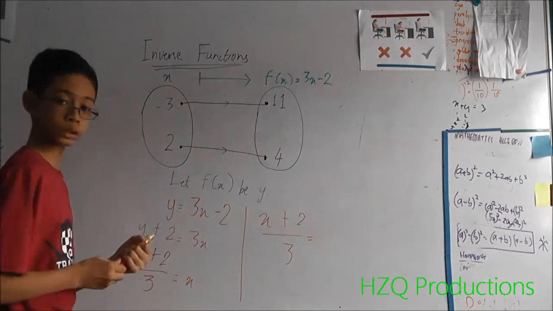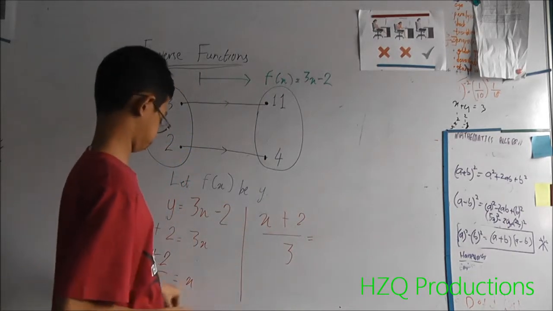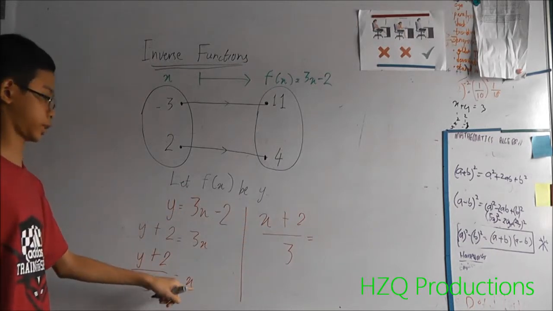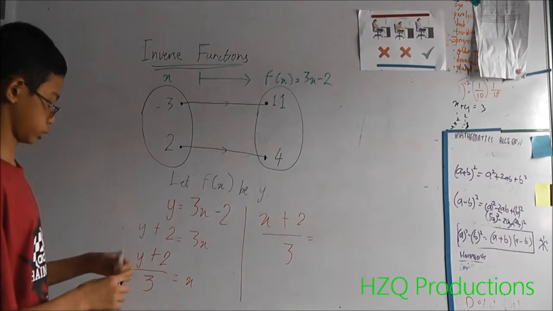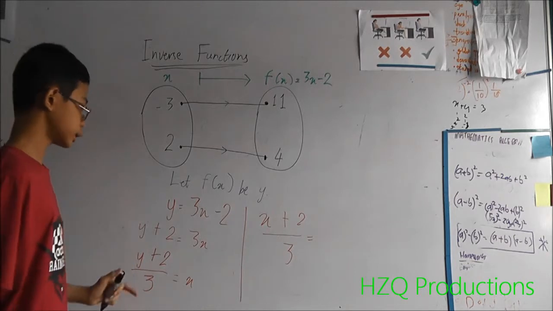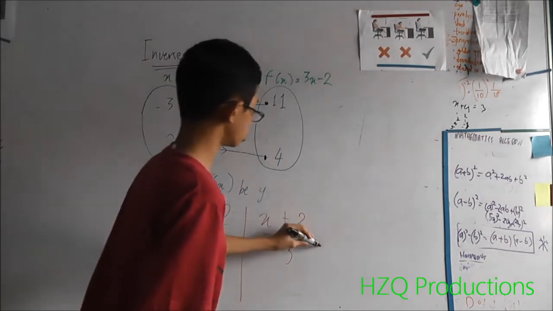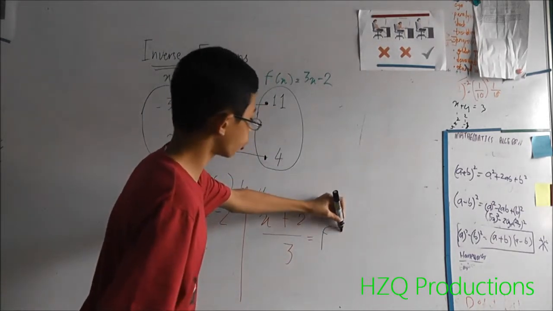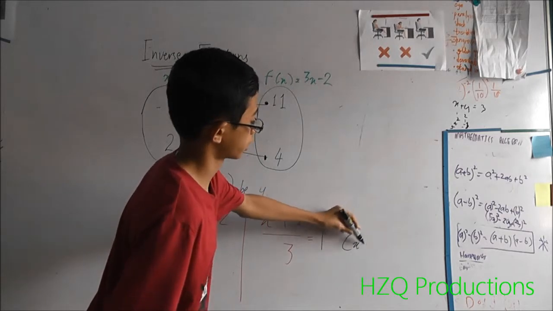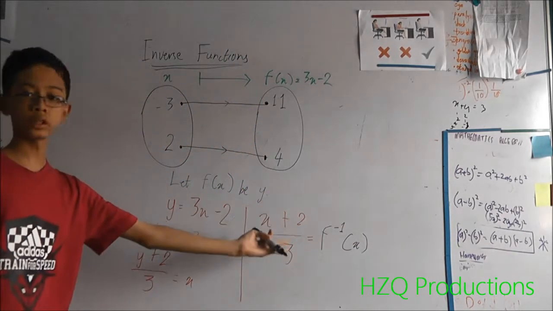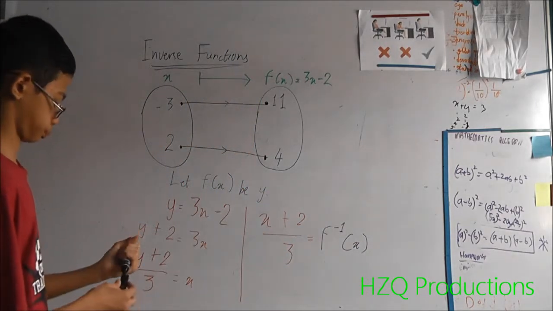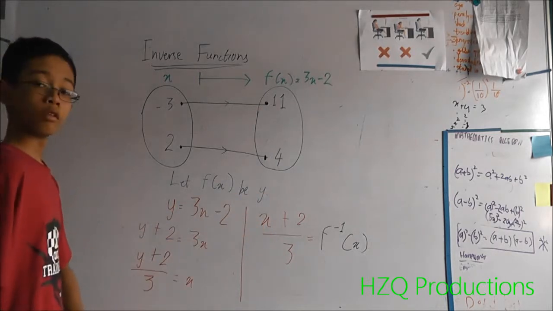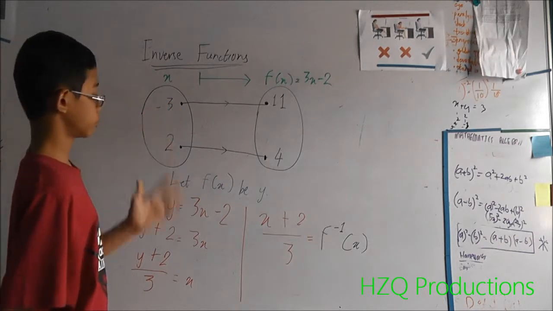Now here is a new symbol I want you to know. x plus 2 over 3 is not equal to x, or you are changing the question. x plus 2 over 3 is equal to f negative 1 of x. This is the symbol of the inverse function. And we have created a formula for the inverse function.